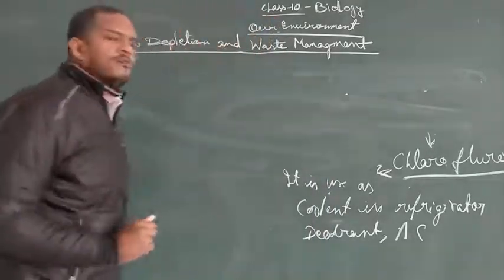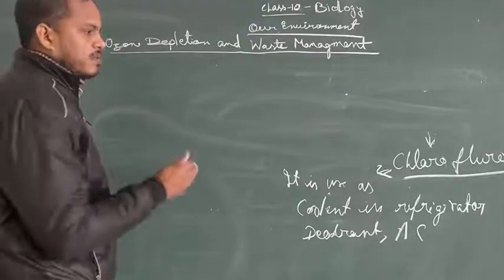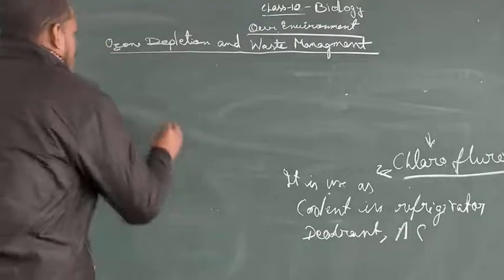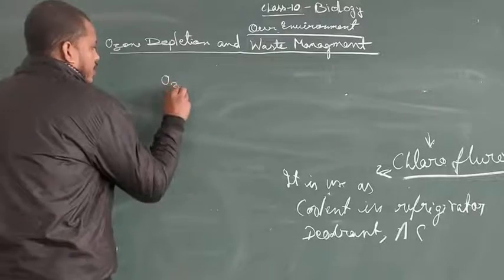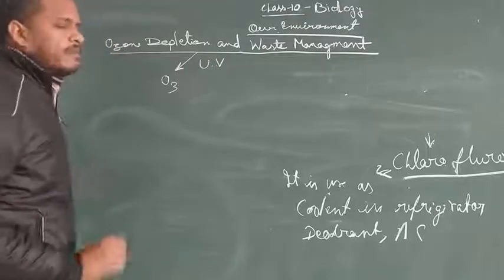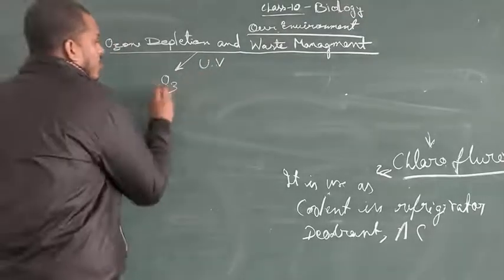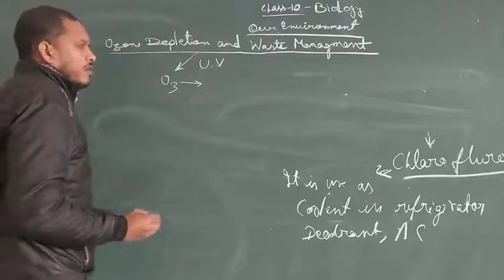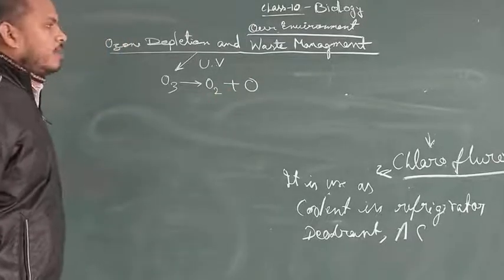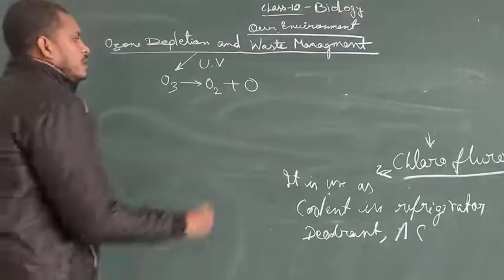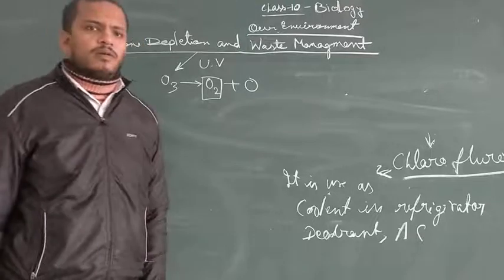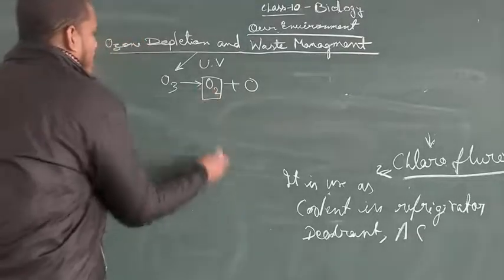So what I was saying is how chlorofluorocarbon affects your ozone layer. In the stratosphere, when O3 is struck by very energetic ultraviolet rays, it breaks down into molecular oxygen, that is O2, plus free oxygen. This molecular oxygen is what we use for breathing.